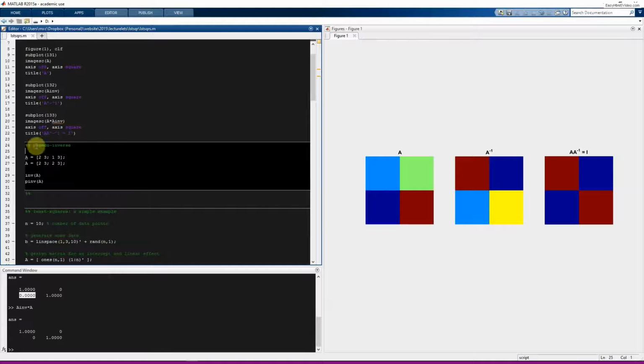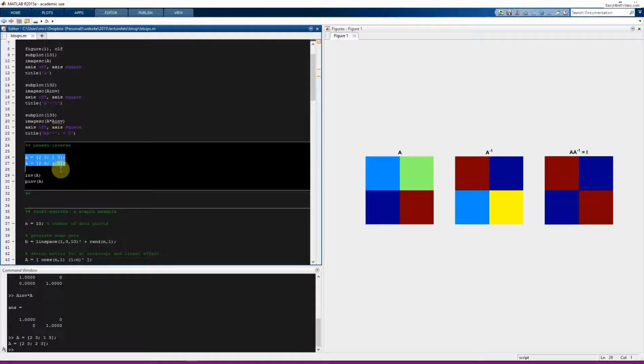So I briefly mentioned this thing called the pseudo-inverse. Although not every matrix has a real inverse, all matrices have, or you can compute, something called the pseudo-inverse, which is the closest thing that you can get to the inverse.